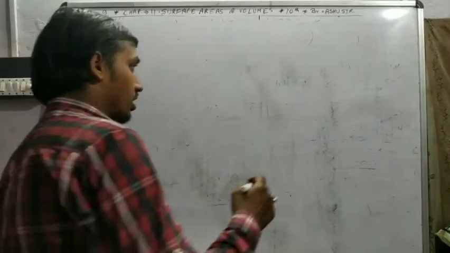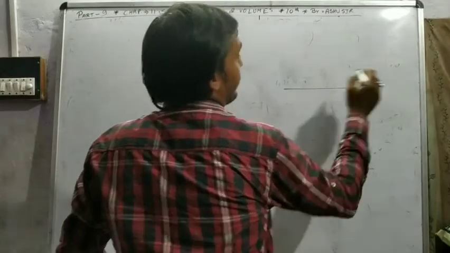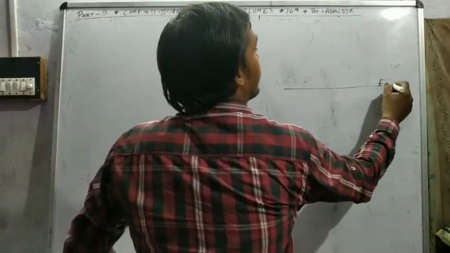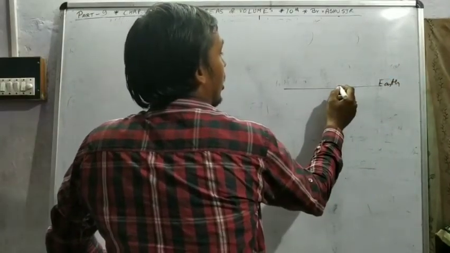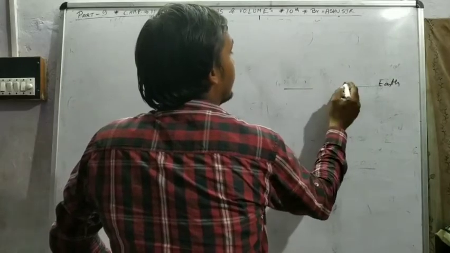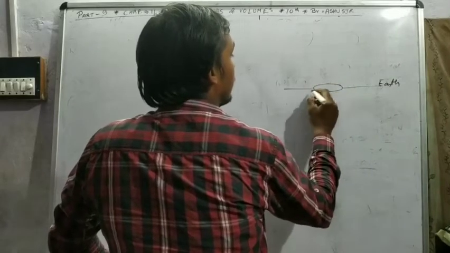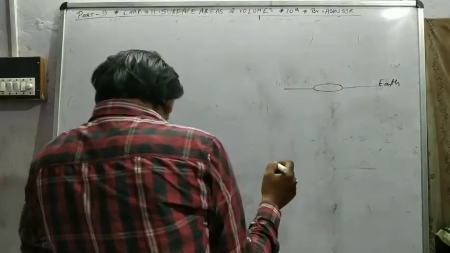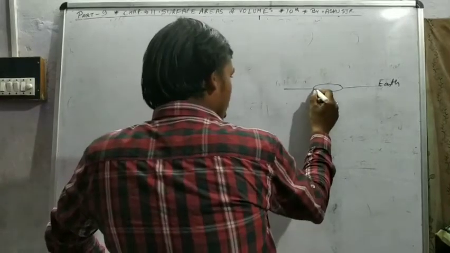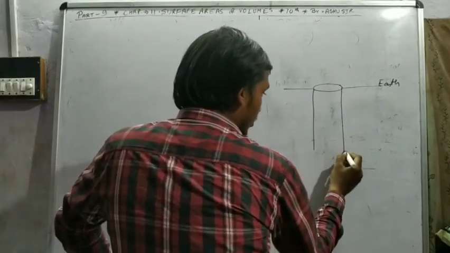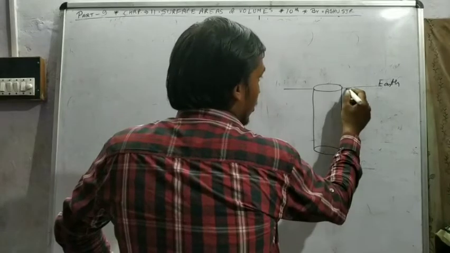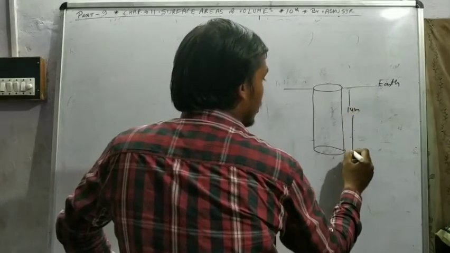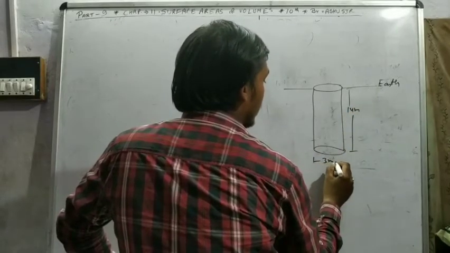What does the question say? There's the earth from digging a well of 3 meter diameter and 14 meter depth. This is 14 meter deep and 3 meter in diameter.